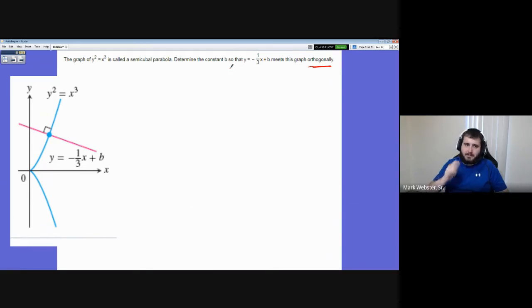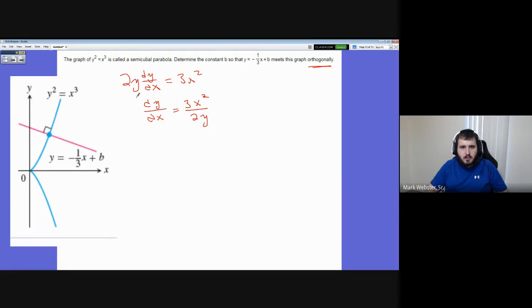So let's do it out. Divide it over. So what we want to know is, here's my thing here. The slope, look, they tell you the slope. It's negative 1/3, right?